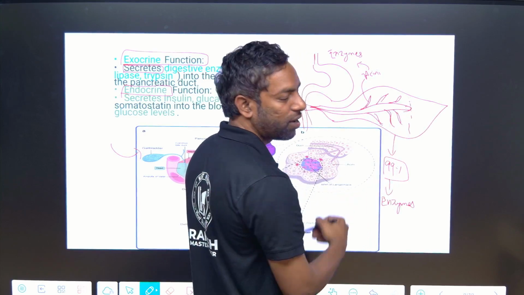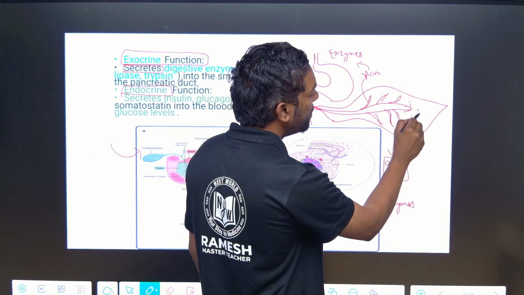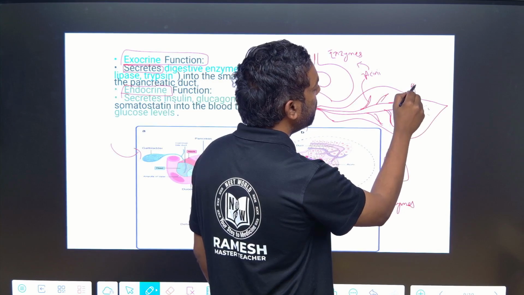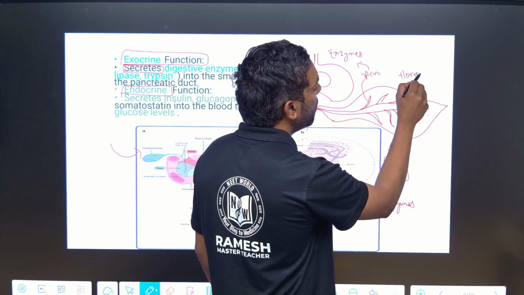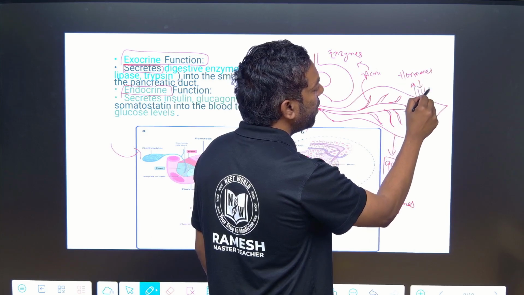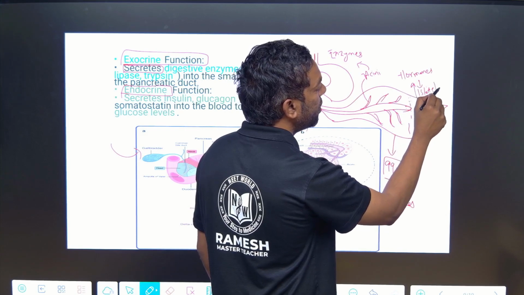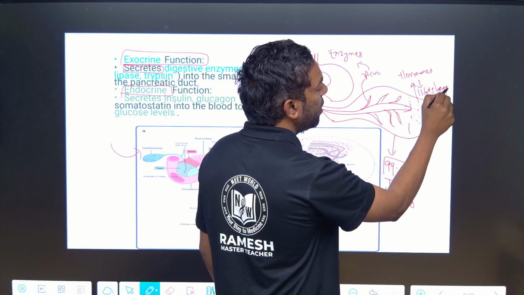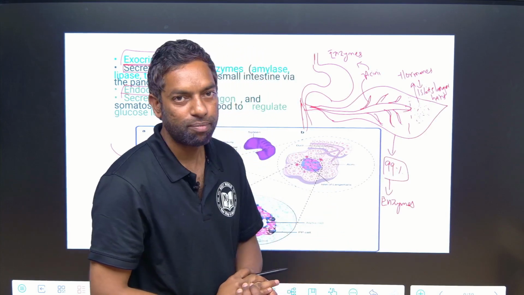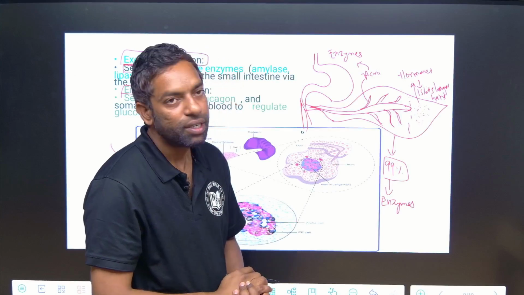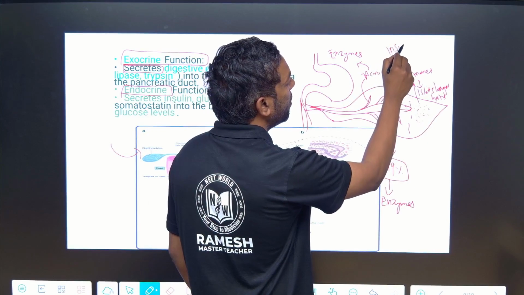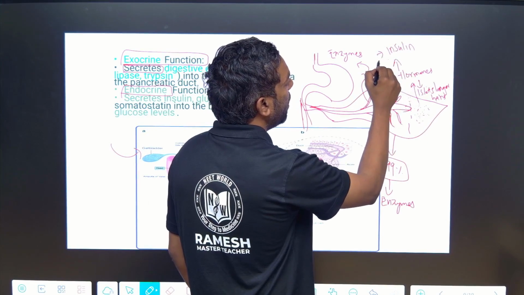And 1% of the part, here the duct is over. This 1% of the part can release hormones. Who releases them? The islets of Langerhans. They release hormones, such hormones are insulin and glucagon.